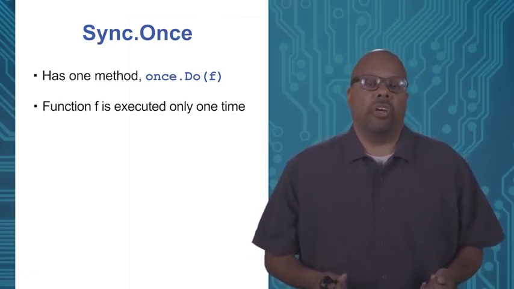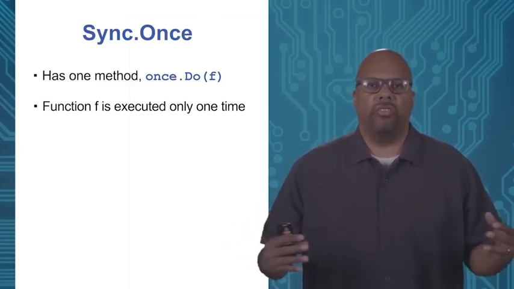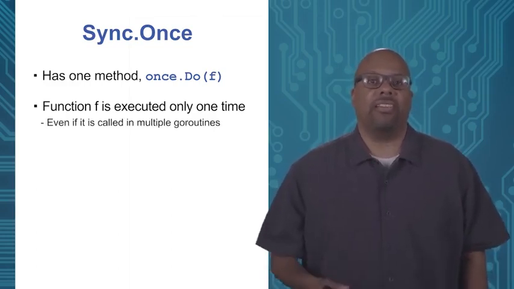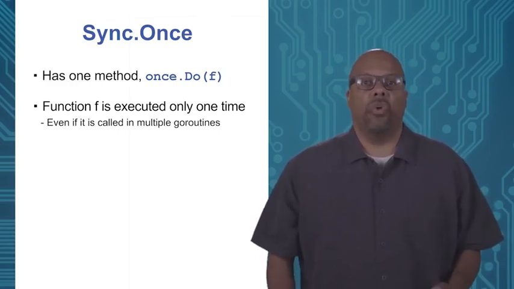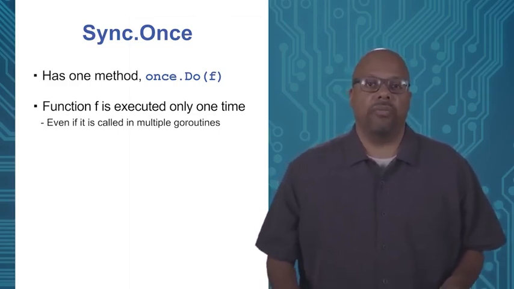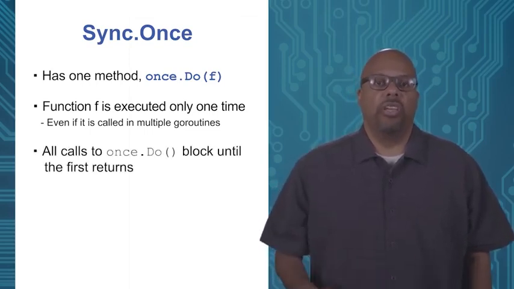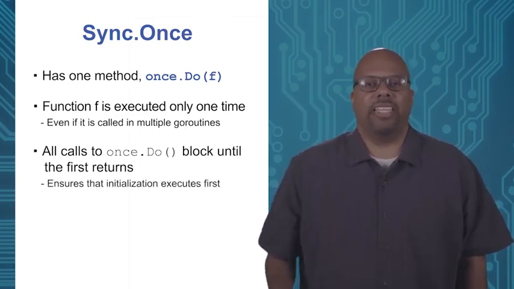The Go runtime guarantees that even if once.Do is called in 20 different goroutines, only one of them will actually execute. It also guarantees that all calls to once.Do inside any goroutine block until the first one, the one that executes, actually returns. That makes sure that the initialization executes first before anything else can proceed.